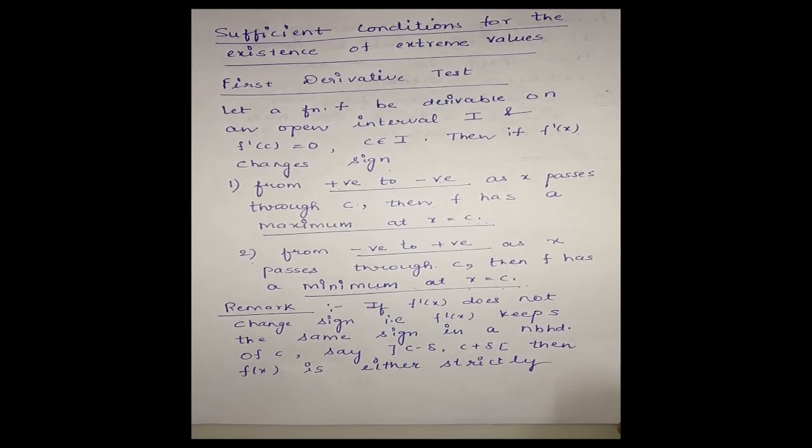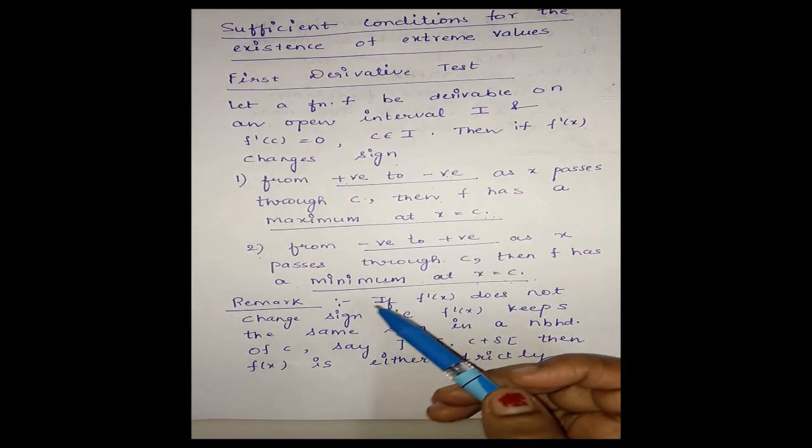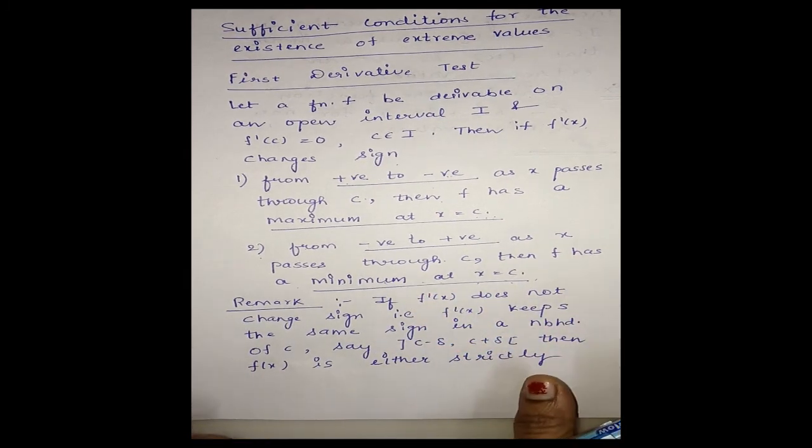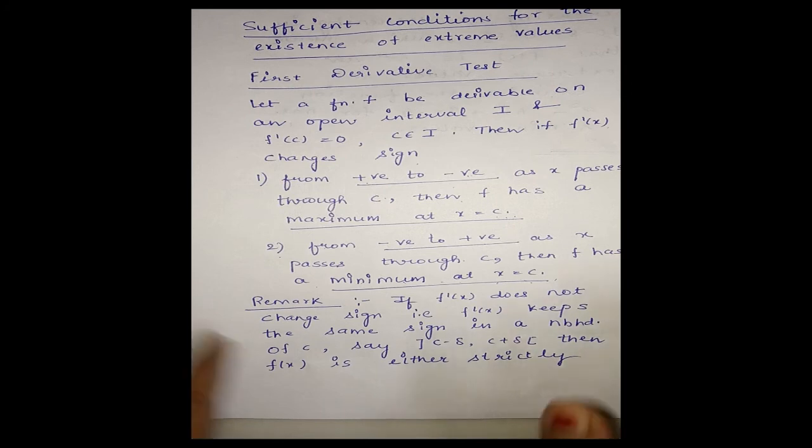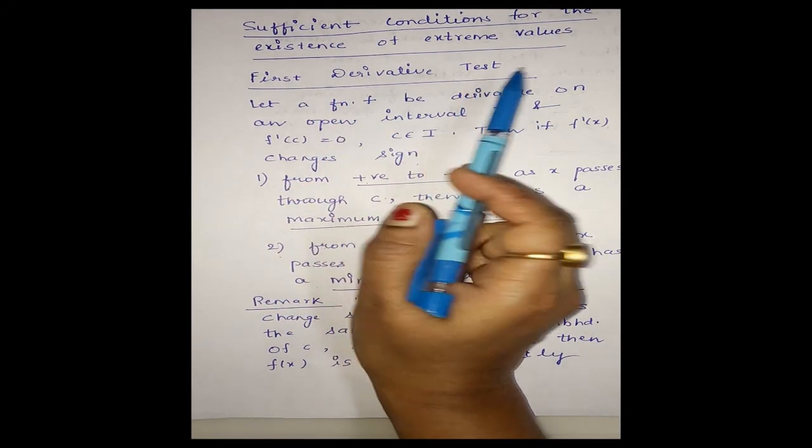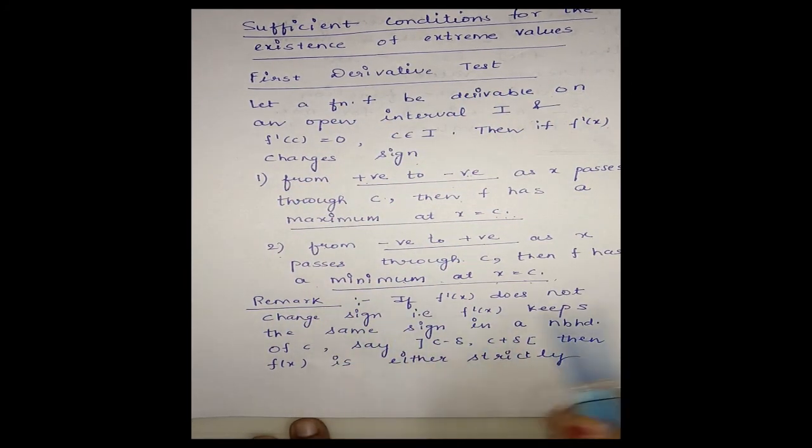These are the sufficient conditions for existence of an extreme value, and here we are considering the first method, called the first derivative test. Here we have a remark.